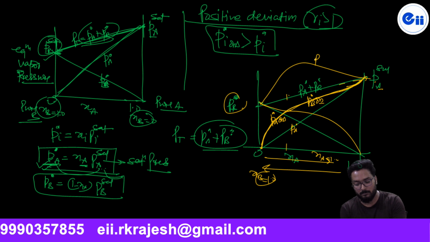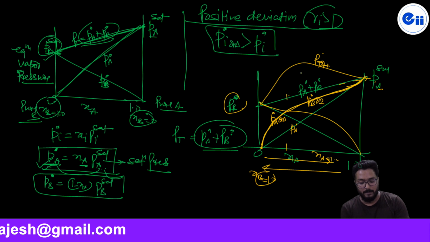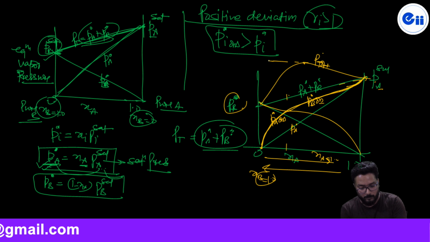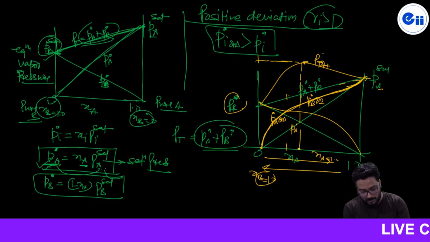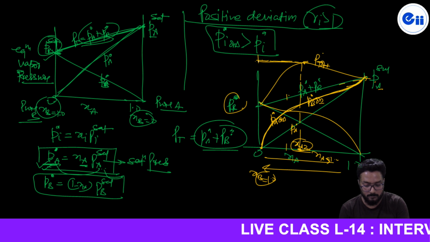This is P total observed, and you are going to see at this point the total vapor pressure is maximum, and correspondingly this composition is called the azeotropic composition, XAZ. This is a very important thing, very important.